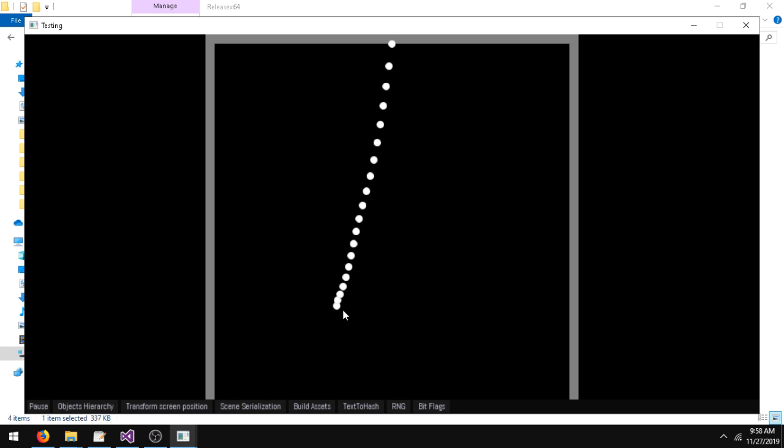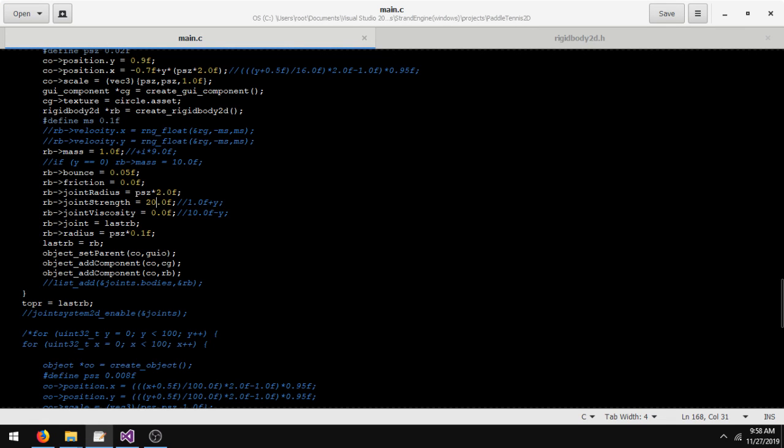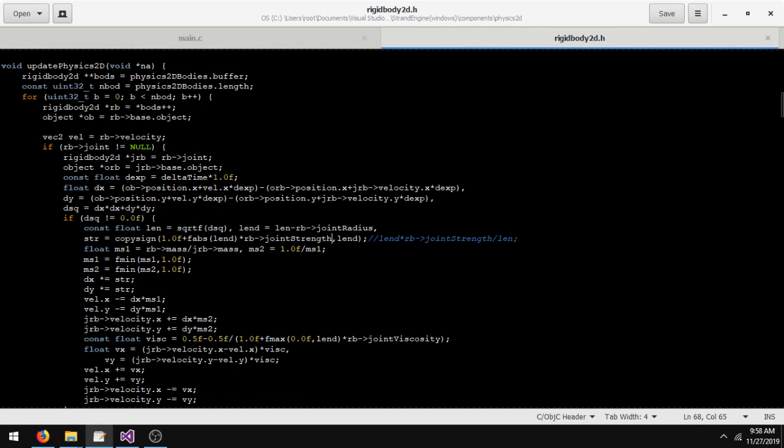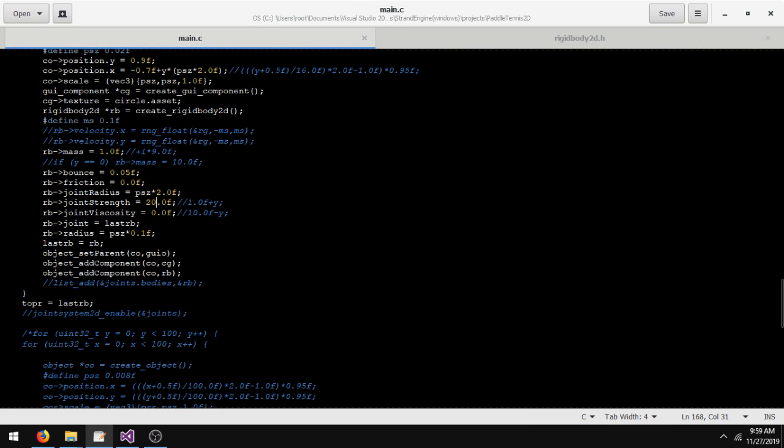Wow, interestingly, this isn't even that strong. Strength of 20. What's happening here? Wow, I'm impressed that's so weak.